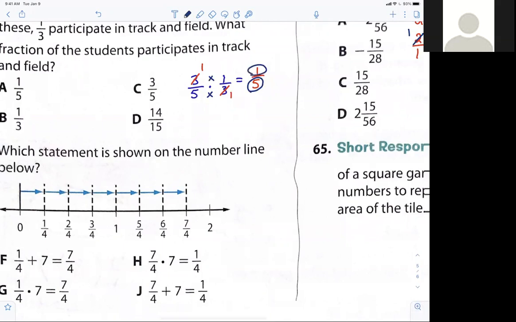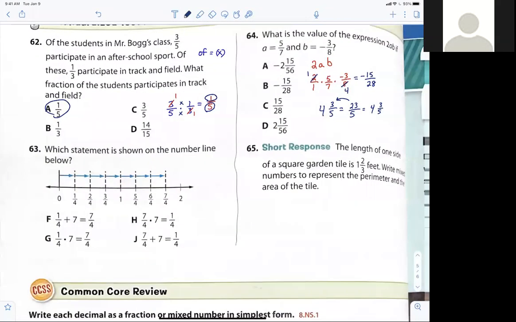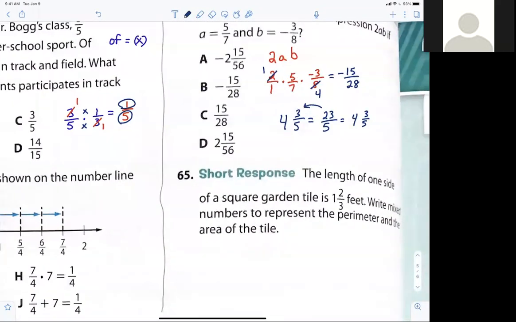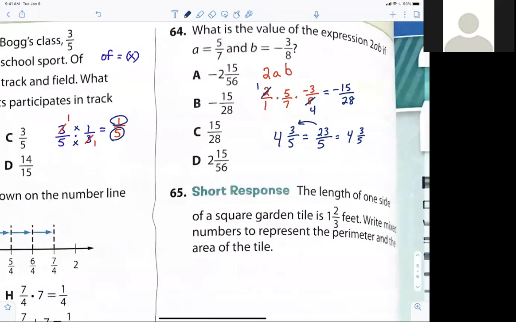That's on the top. That's why I should have said the answer was A, but I didn't. Now I understand what you're asking. We said the answer was -15/28. So the answer was B, right?